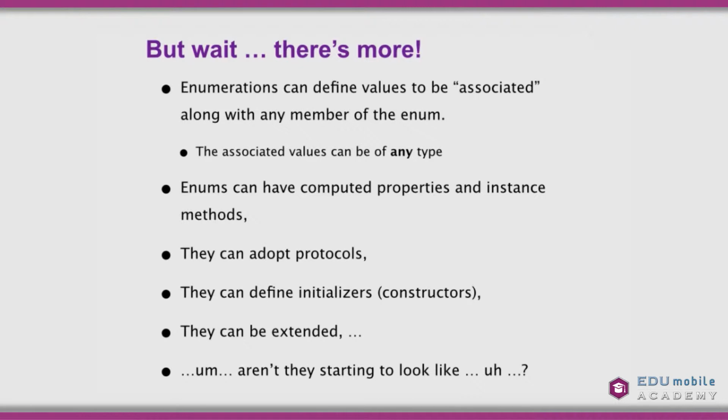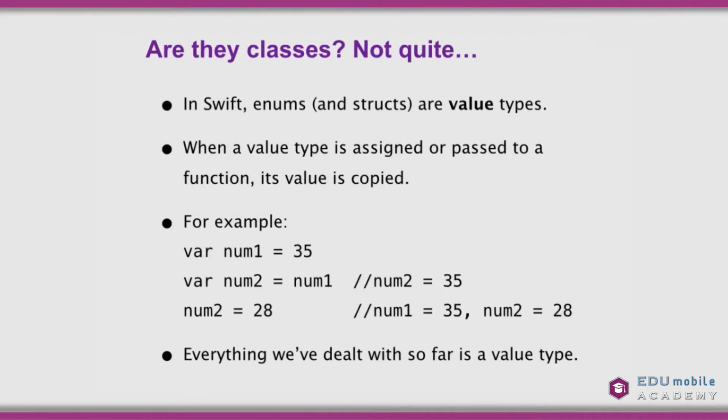Also, enumerations can have computed properties, and they can also have instance methods. They can adopt protocols. They can define initializers, aka constructors, to set themselves up. You can extend an enumeration. So you might be thinking now, this is starting to really look like a class, but it's really not. It's not quite a class.